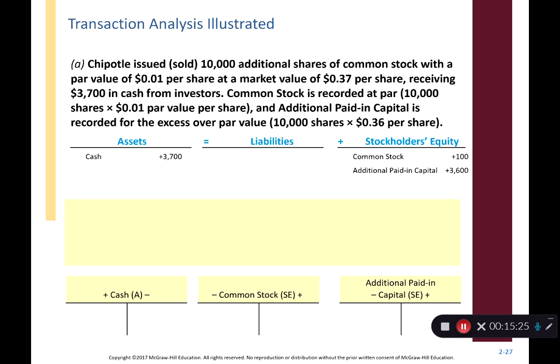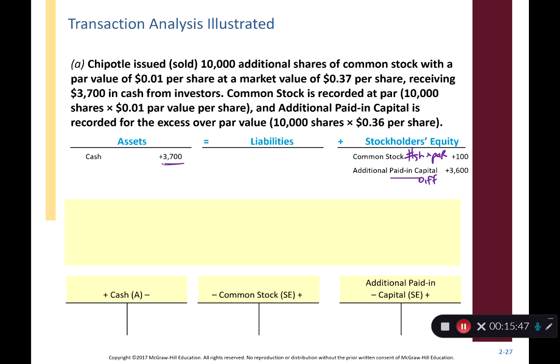We determined cash goes up, and then common stock and additional paid-in capital go up. Remember, the common stock goes up by the number of shares times par, and then additional paid-in capital we learned went up for the difference between the total amount of cash received and the amount we put into the common stock account. So that hard work has already been done.